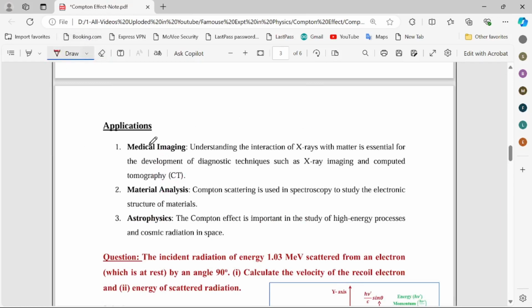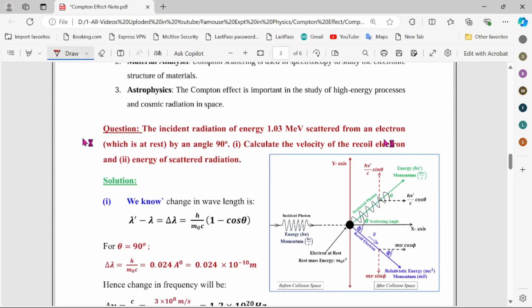Now we are going to go for an important question based upon this Compton effect. It is a very important question. If you practice this question, you can solve any question based upon the Compton effect.